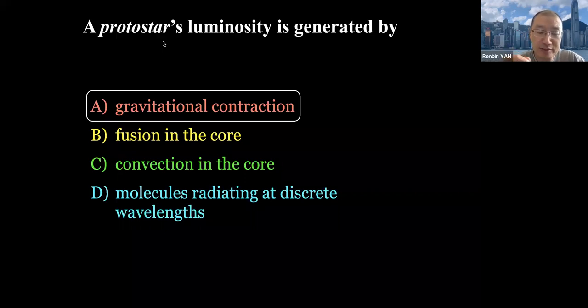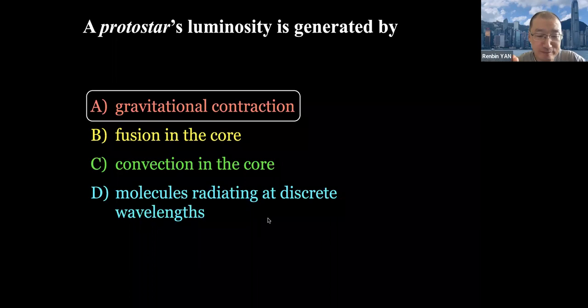At that time, the gravity is much stronger than the gravity in a cloud. The protostar can still radiate away some radiation, but that radiation is in the form of black body radiation, not these discrete wavelengths anymore.